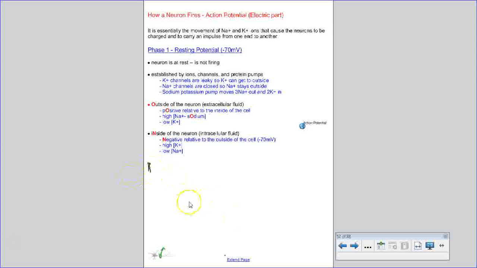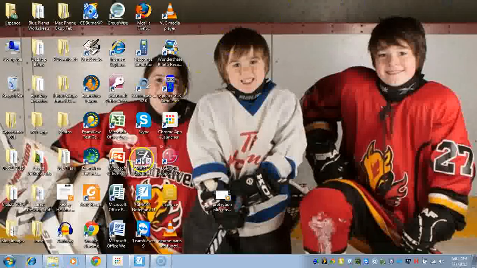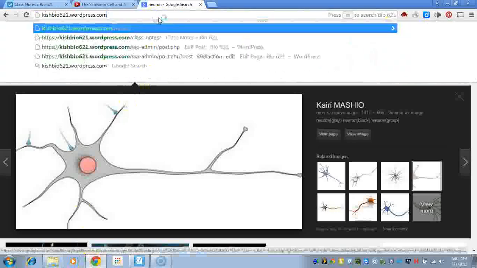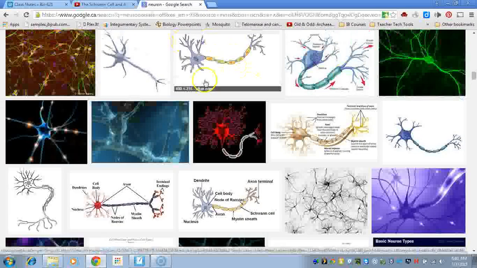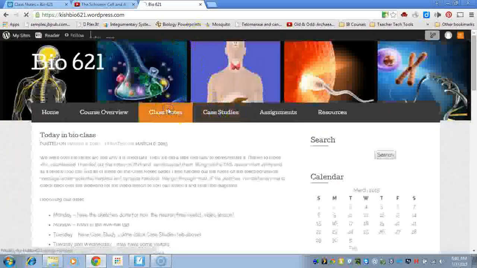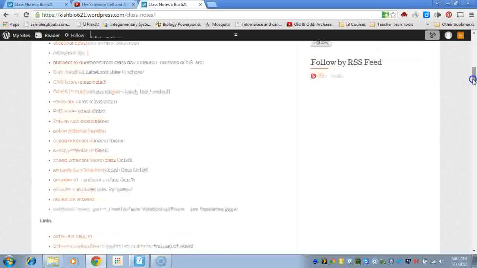Actually, I should show you, in case you want to draw along with us, go to our class site and go to the class notes page. What I'm using right now is this action potential handout.